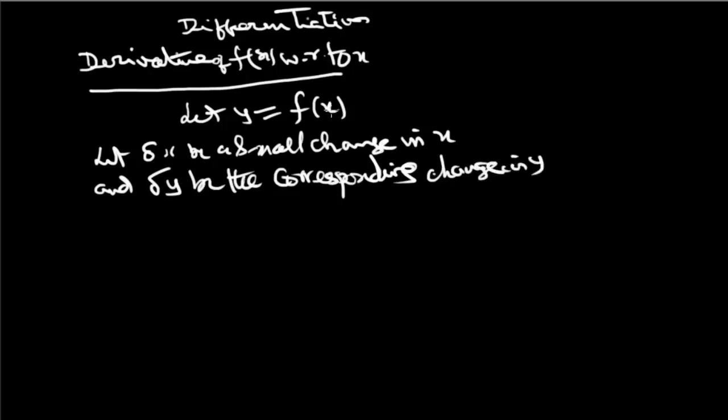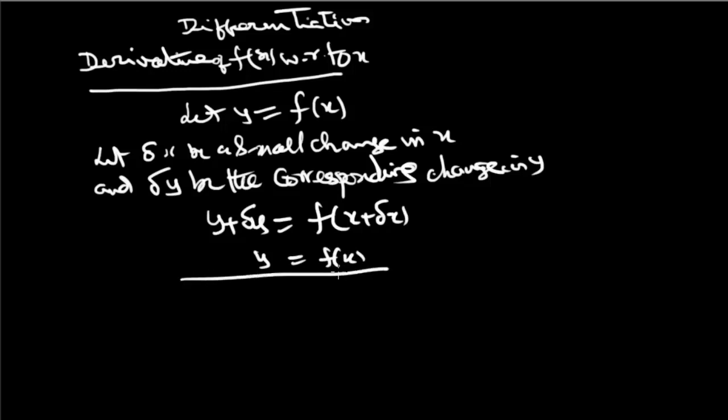So if there is a small change in x, the independent variable, there will be a small change in y, the dependent variable. So y plus delta y is equal to f of x plus delta x. Below that you write the original function y is equal to f(x). Then subtract. Therefore delta y is equal to f of x plus delta x minus f(x).